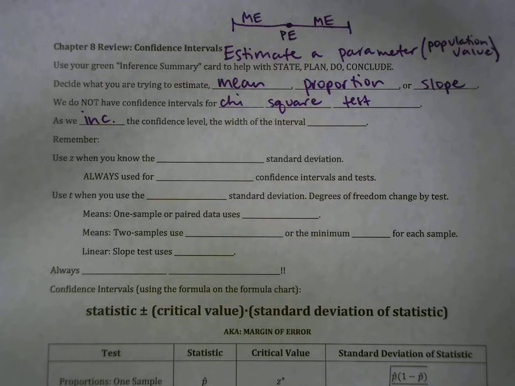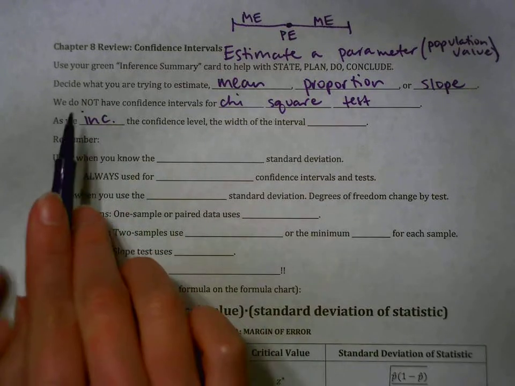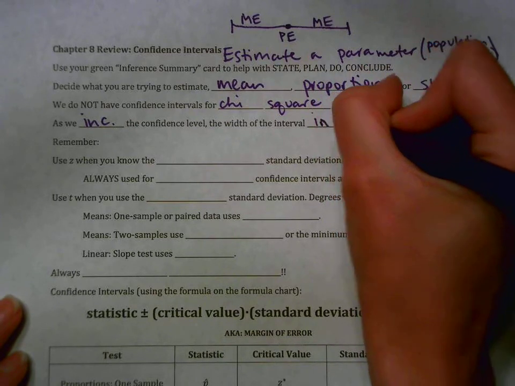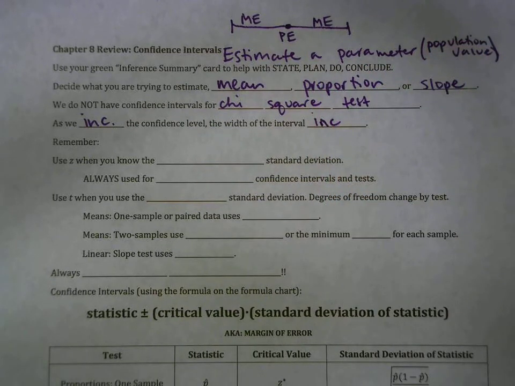Because if you did 0 to 1,000,000, then we're probably 100% confident, but that's not very useful. So you want to find that sweet spot where you have a high confidence, but your width isn't too large. All it says is, as you increase the confidence level, the width of the interval should also increase. Make sure that makes sense.